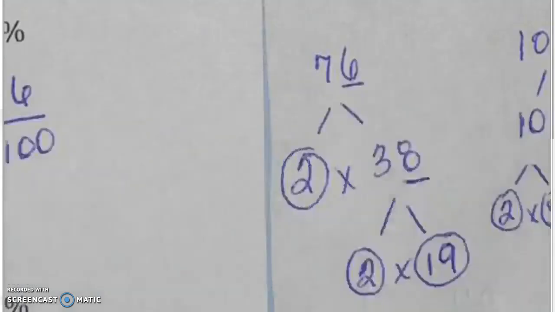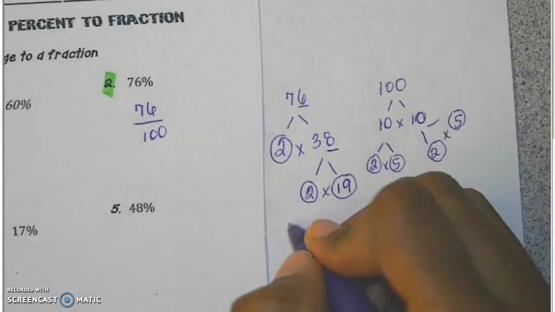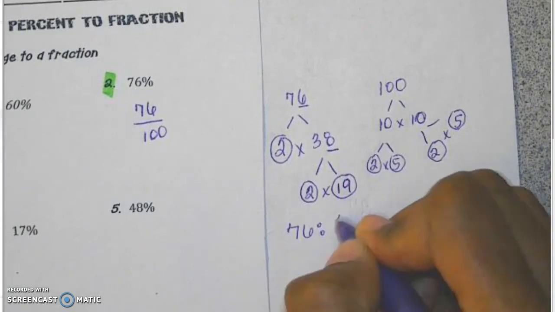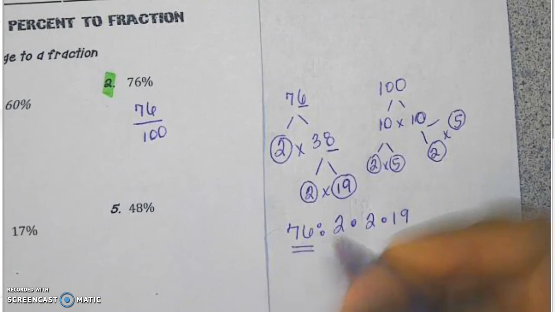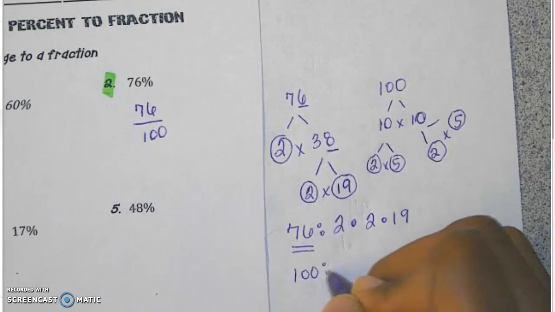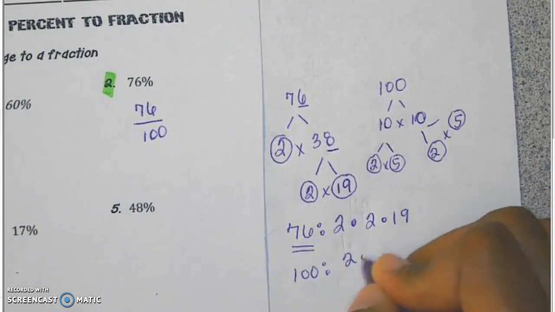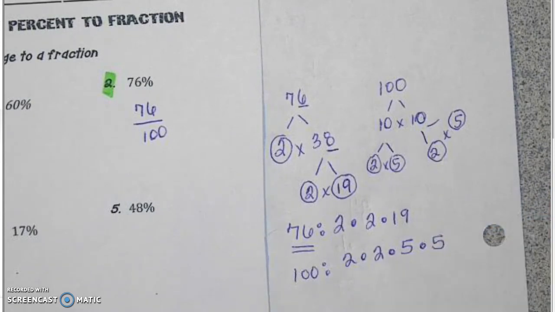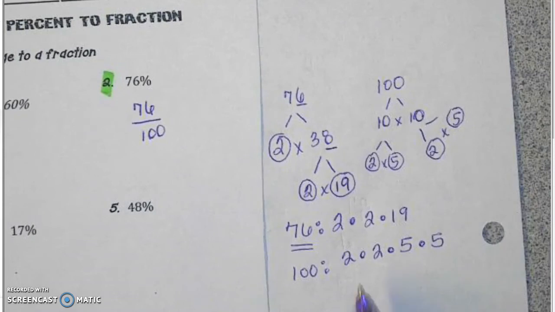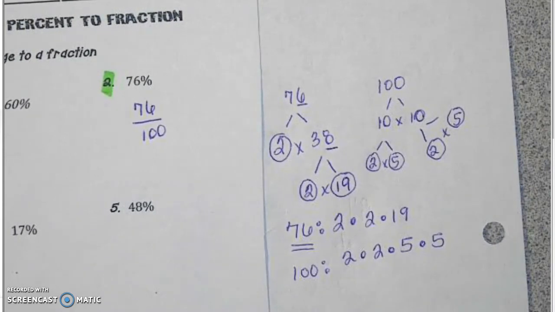I'm going to write out my factorizations. For 76 it is going to be 2 times 2 times 19. For 100, it's going to be 2 times 2 times 5 times 5. We're looking for couples that they share.